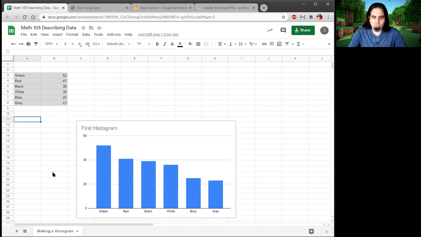So here was this categorical data from last time. People picked their favorite colors. Could you say what's the average favorite color? Why not?